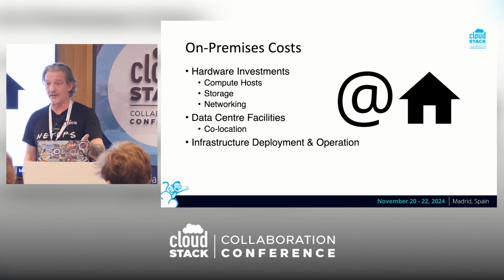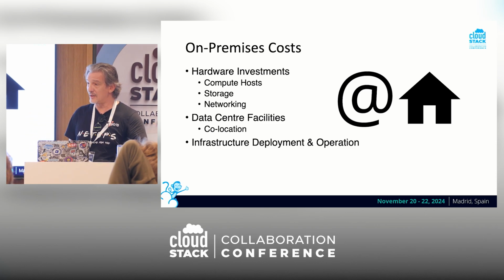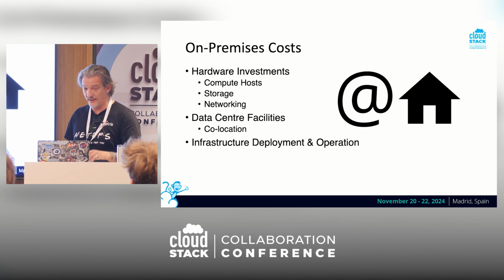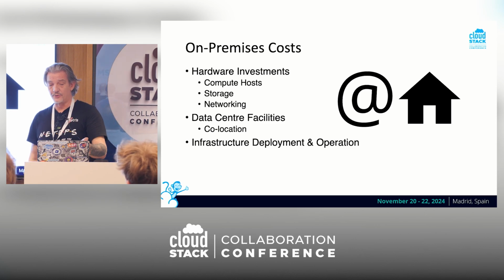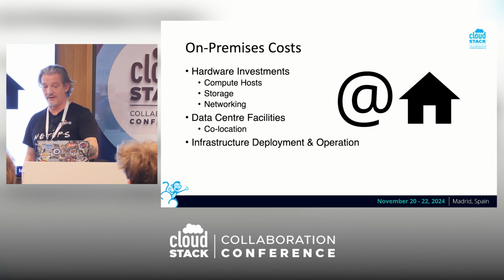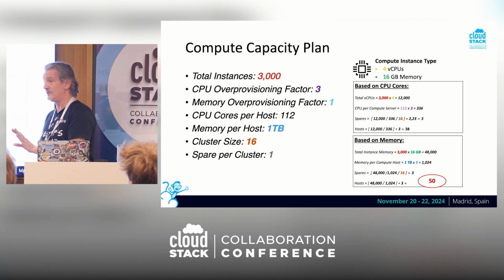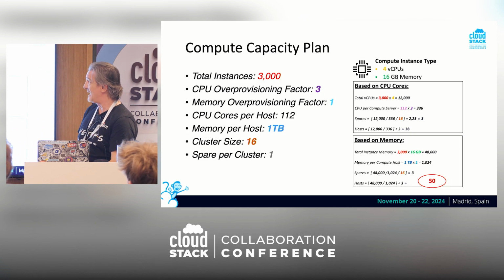In that case, I'm considering a co-location in the same city, Frankfurt, as I'm considering for the hyperscalers, and you need to consider the operation and deployment of the infrastructure. So you have these costs involved here, but considering it is just some assumptions I had.